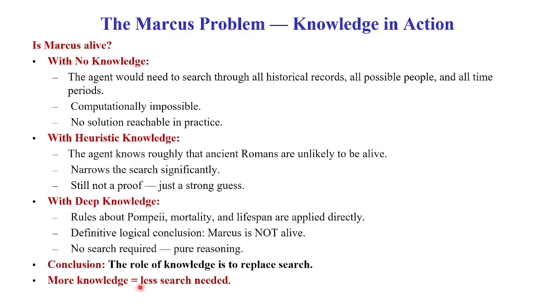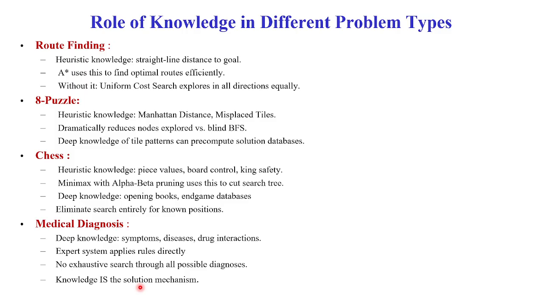Okay. So, to make you understand and feel the difference, I've just taken this example. Now, we have talked about the problem of Marcus. Now we will see the same in different problem types. Suppose if you take a route finding problem. So if you have no knowledge, again you have to try all possible routes.